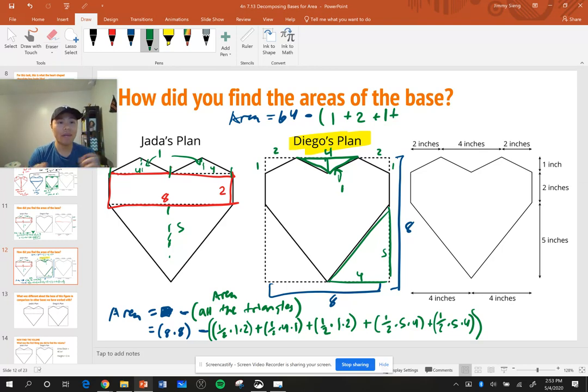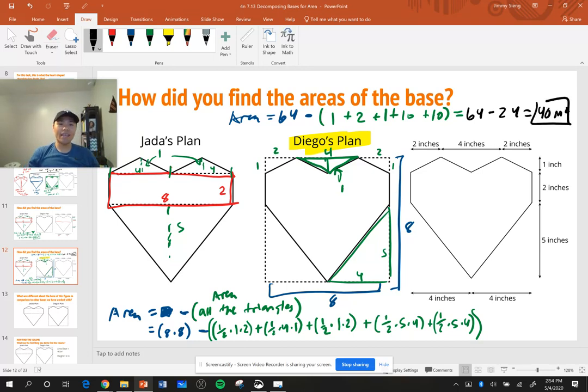I'm just putting it on my calculator, doing it in my head, but I'm trying to get all those values together. But the next one's going to be 10 plus another 10. So all of this equals 64 minus 24. And that gives you 40 inches squared.